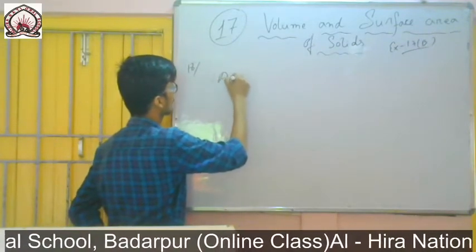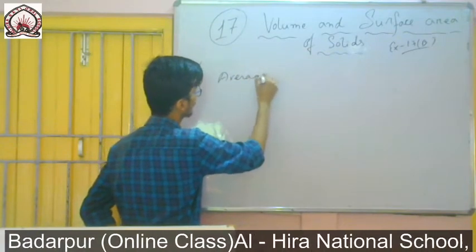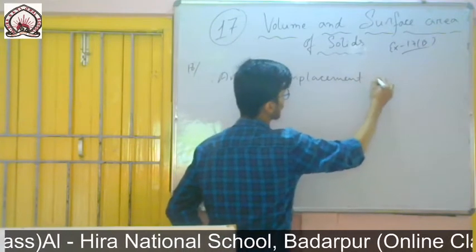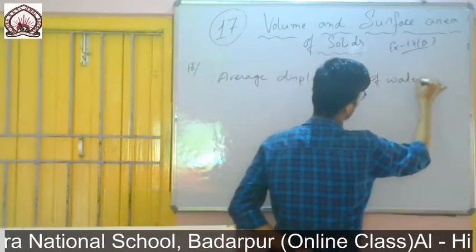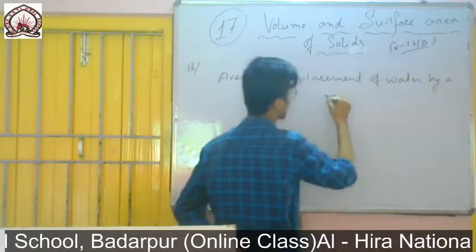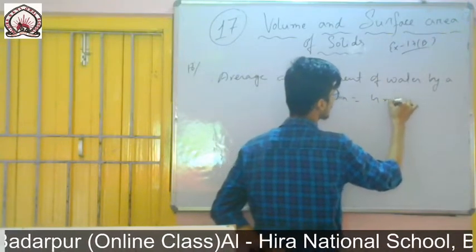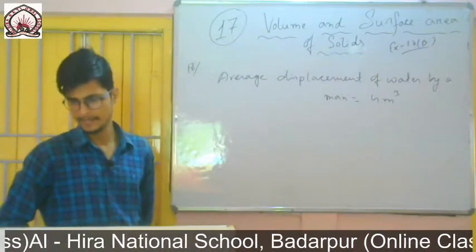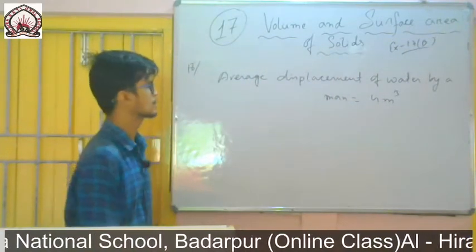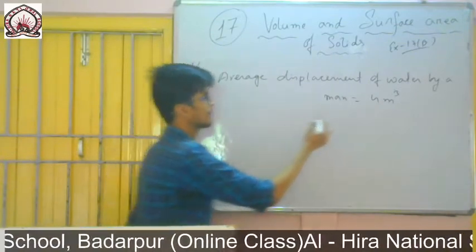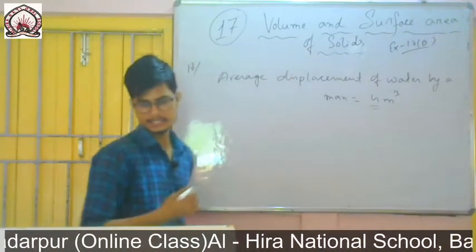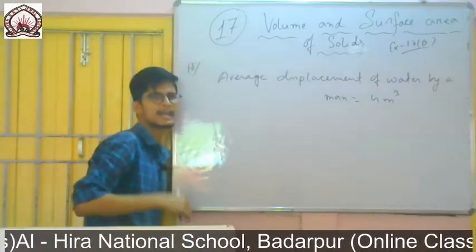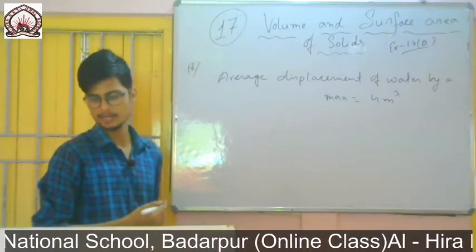Since average displacement of water by a man is equal to 4 meter cube, as given in the question, and the question is about 500 men, simply I can find what will be the volume of water displaced for 500 men.